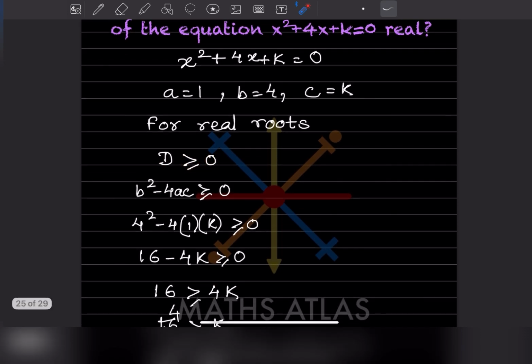Whenever there are real roots, it should be greater than or equal to 0. So that will be b square minus 4ac is greater than or equal to 0. So b is 4, so 4 square minus 4 into a is 1, and this will be k, is greater than or equal to 0. So this will be 16. When you multiply this one, that will be minus 4k is greater than or equal to 0.